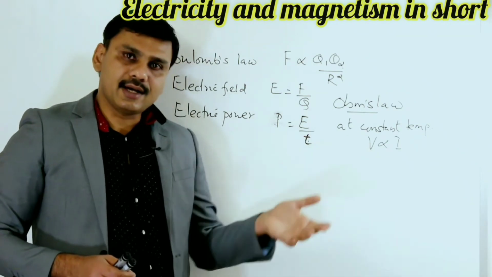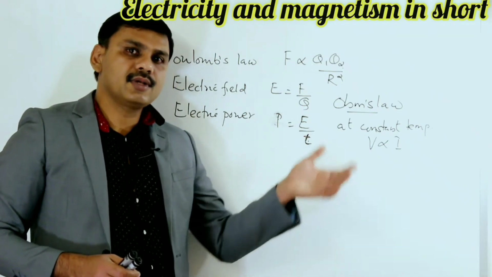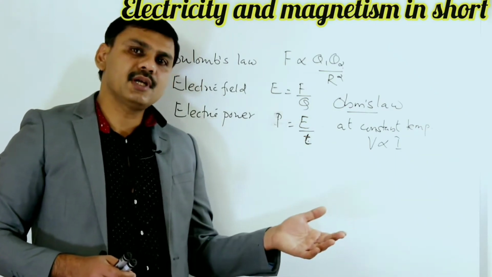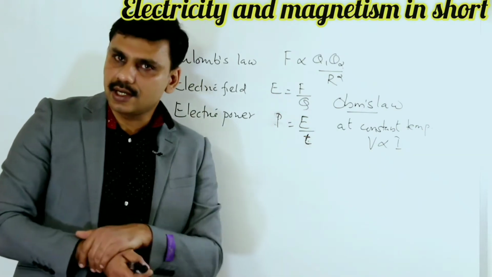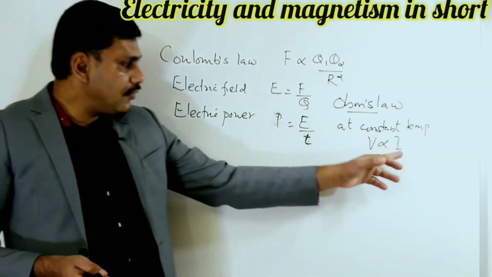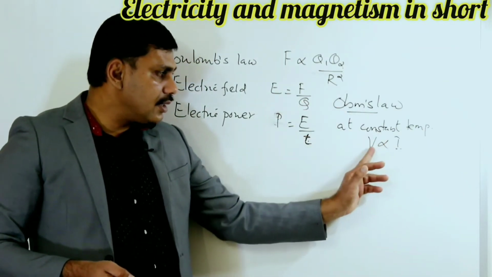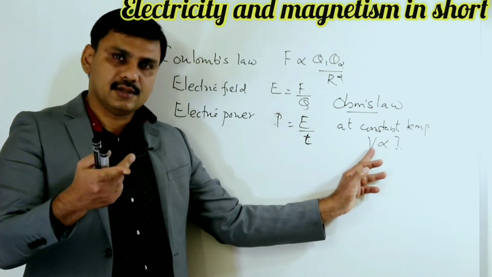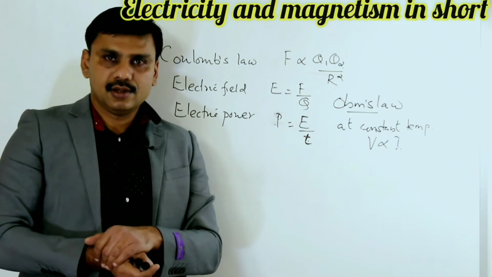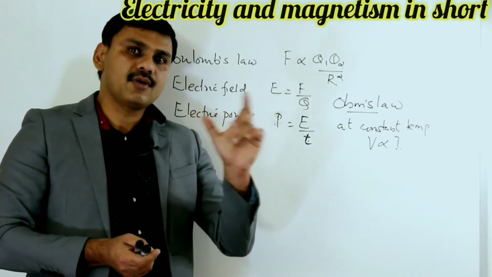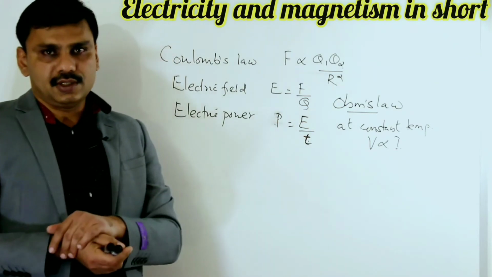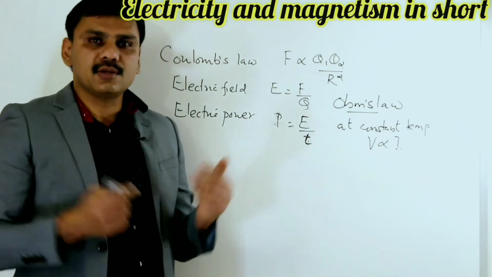The current flowing through a conductor is directly proportional to the voltage across the conductor at constant temperature. Don't forget to write at constant temperature, because Ohm's law is valid at constant temperature only.